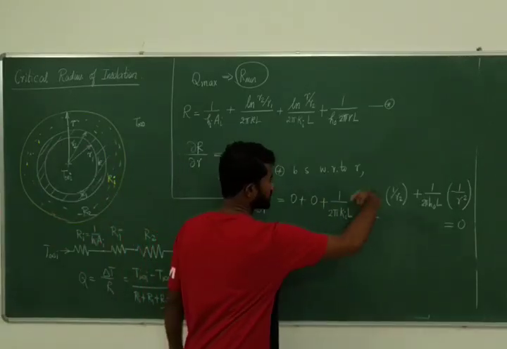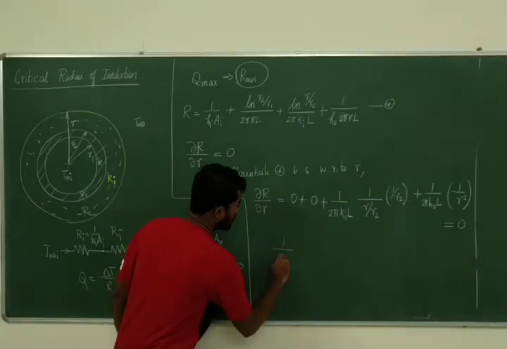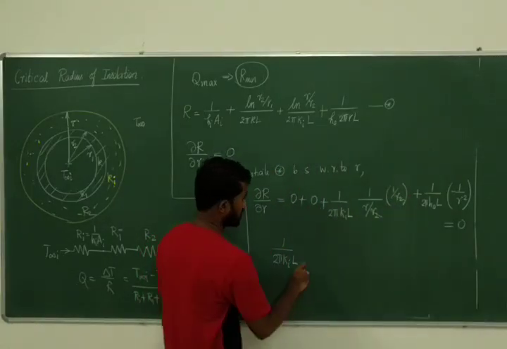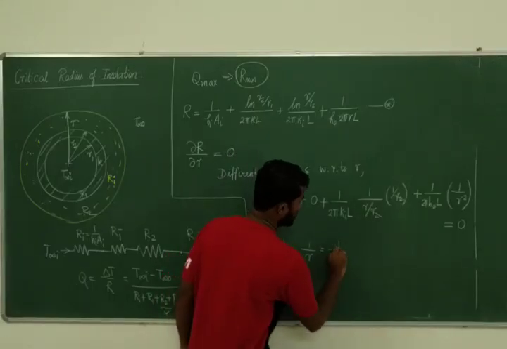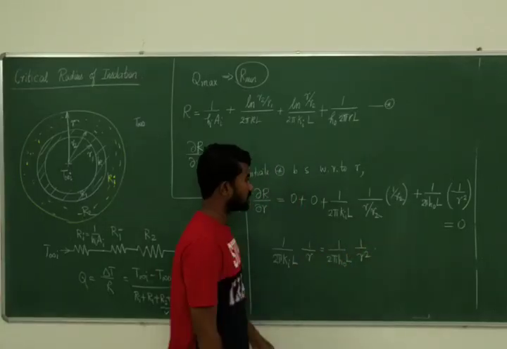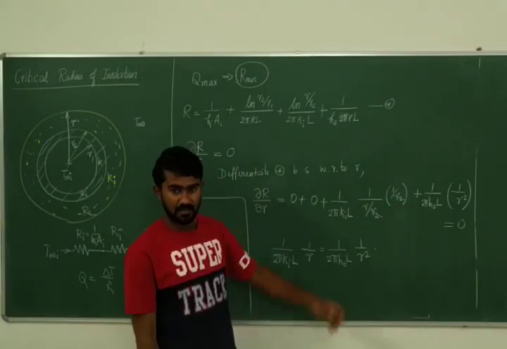So we take this term to the other side. There is a negative which we take to the other side. So you have 1 by 2 pi Ki L. Here there is a cancellation of r2 into 1 by r is equal to 1 by 2 pi h naught L into 1 over r square. See, there is a 1 by r2 and there is a 1 by r2, numerator and denominator, that will cancel off.